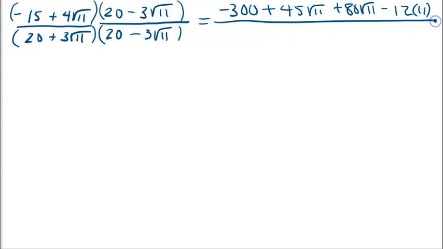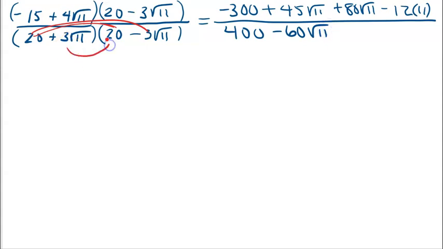Now let's do a similar thing in the denominator. So 20 times 20, I'm doing FOIL, right? So first, 20 times 20, that's going to be 400. And then I'm going to do outer. So 20 times negative 3 square root of 11 is negative 60 square root of 11. Now I'm going to do inner.